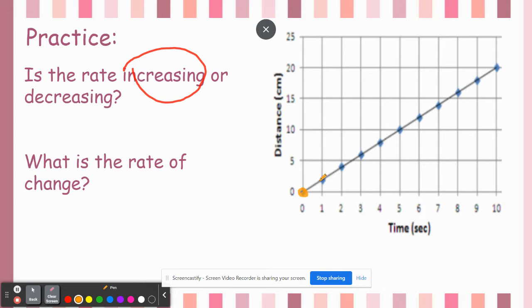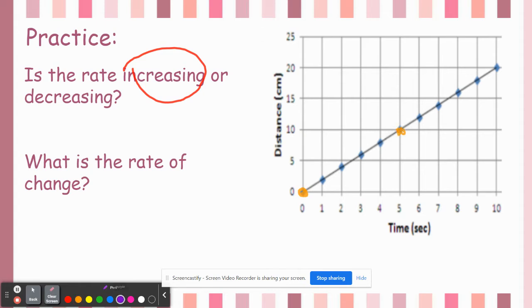Is that 2.5? Is that 2.4? I'm not sure, so we don't want to use that one. We also don't want to use this because is that 4.7, 4.8? Not sure. So we need to make sure that it's at an intersection. So if you notice, this one here is perfectly at the number 10 and perfectly at the number 5. So I'm going to go ahead and use this point.